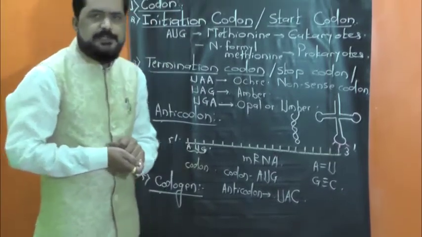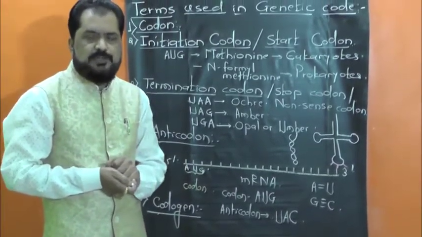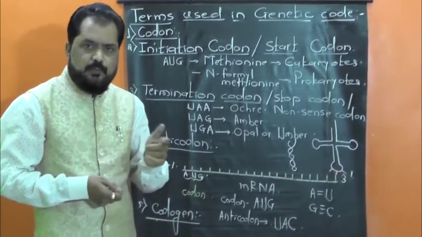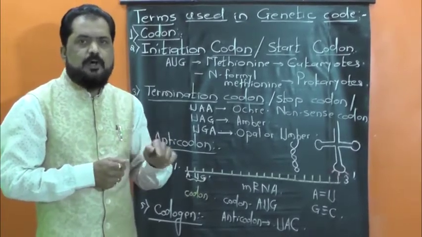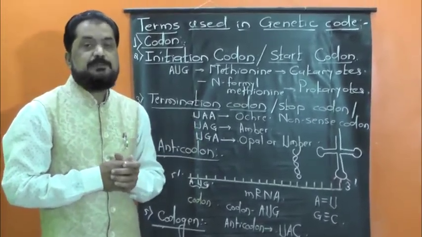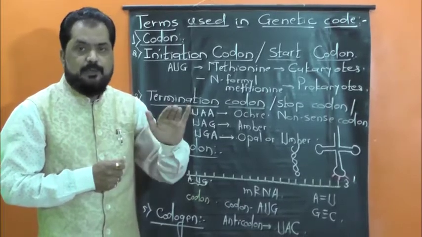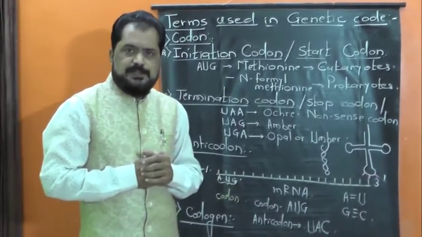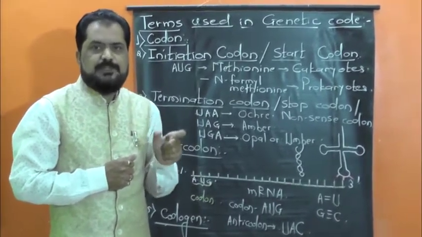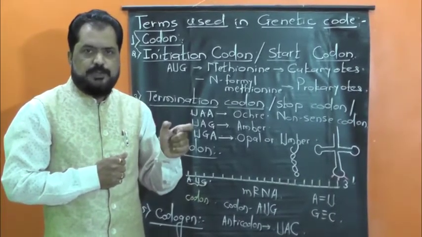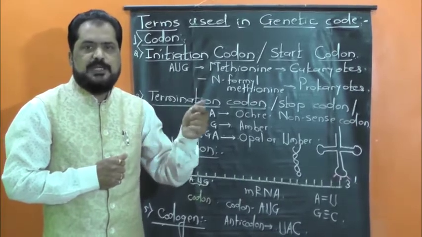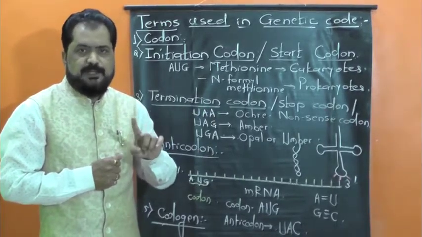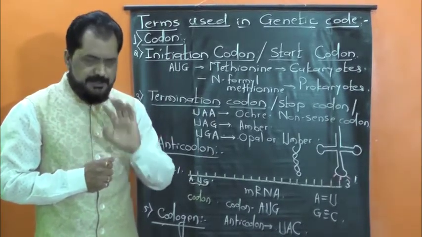Codogen is the smallest possible sequence of nucleotides present on a DNA strand that specifies one amino acid. Going to repeat, codogen means the smallest possible sequence of nucleotides present on a DNA strand that specifies one amino acid.